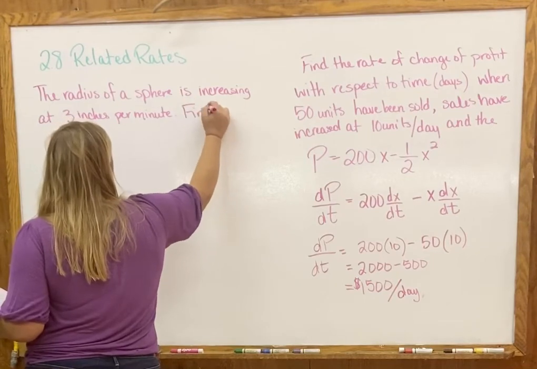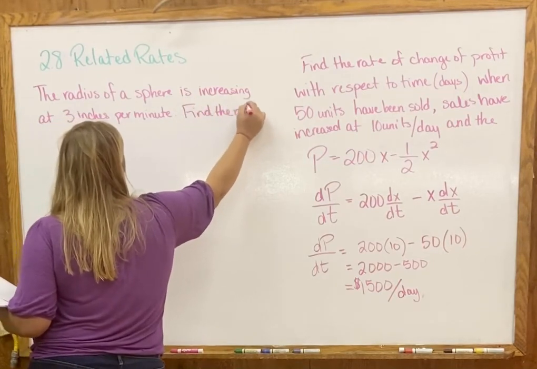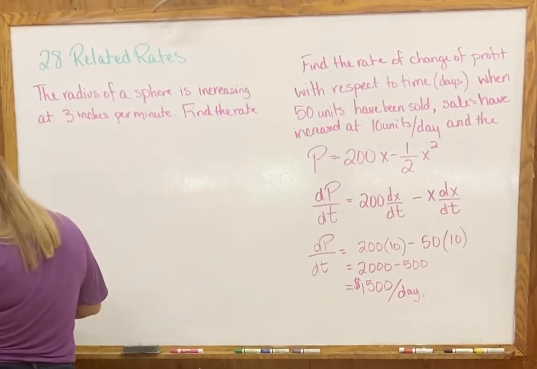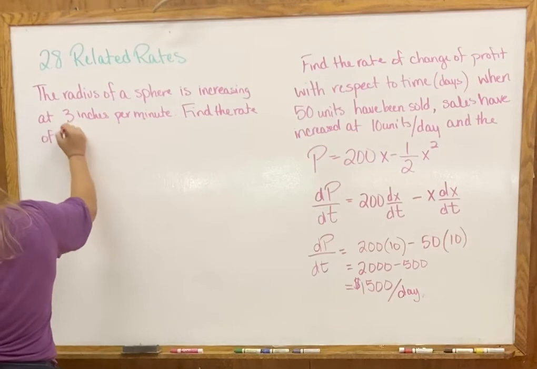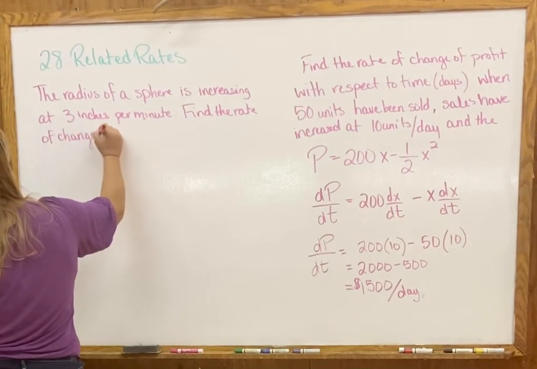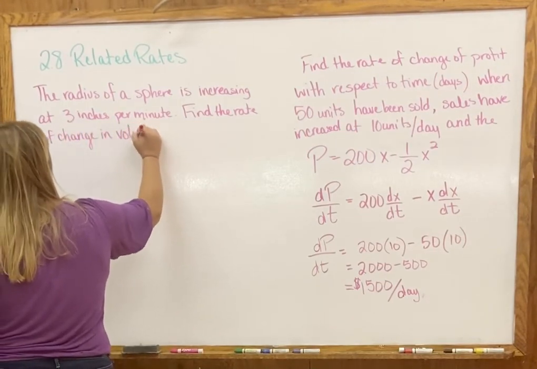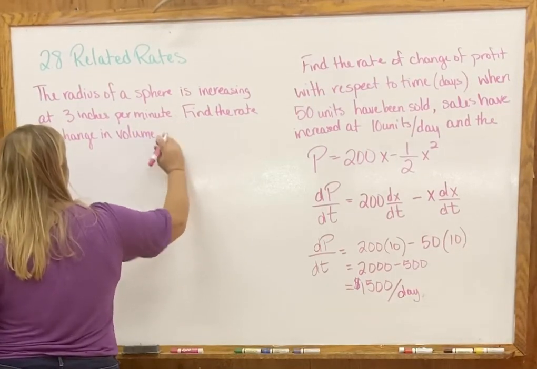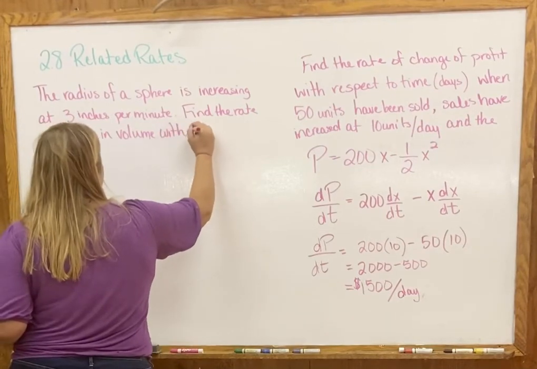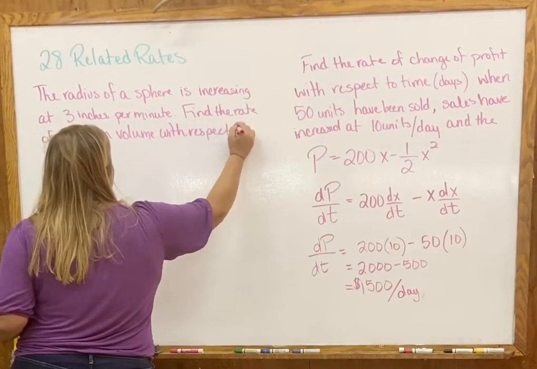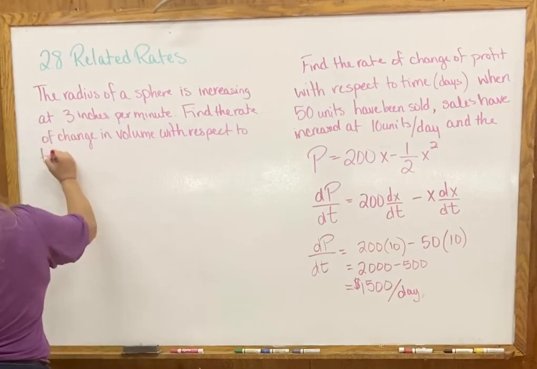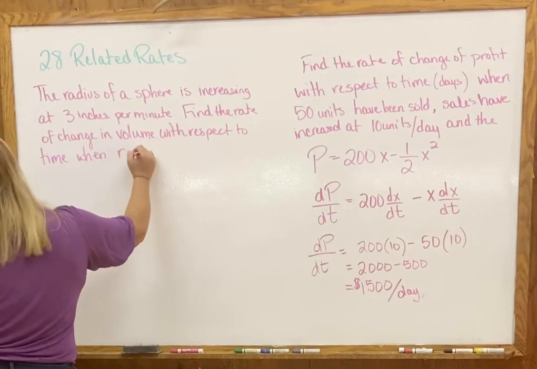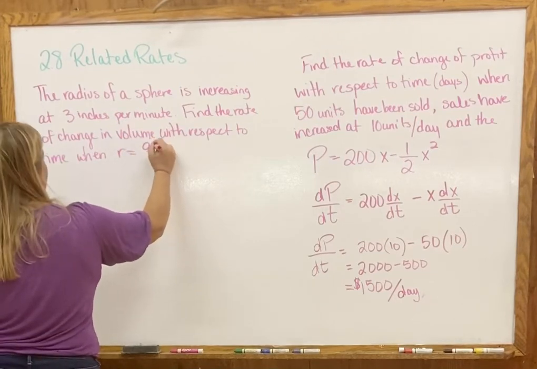Find the rate of change in volume with respect to time when the radius is 9 inches.